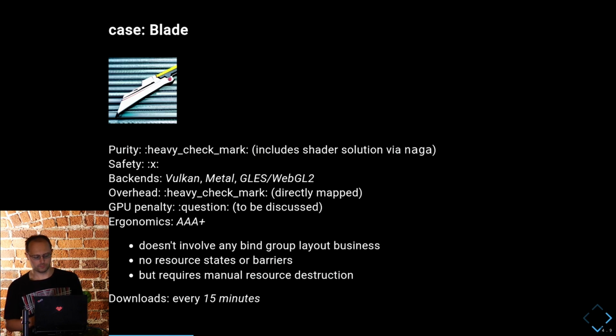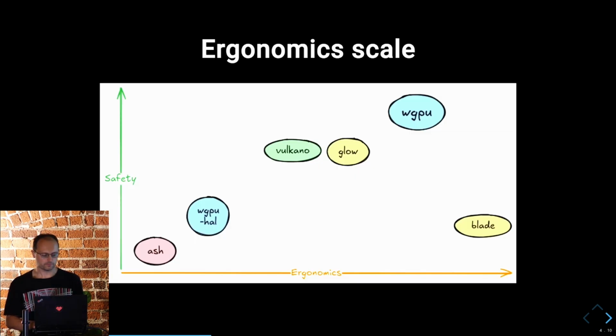Again, we're going to talk about it more. Also, no resource states, and you still need to do manual resource destruction. That's probably the biggest problem. And it's already downloaded frequently, like every 15 minutes. This is based on crates.io and GitHub statistics.